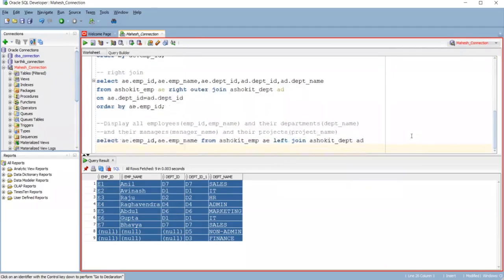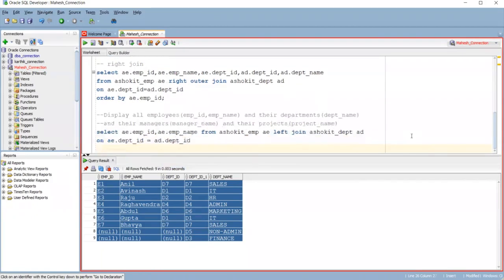What is the common condition, sir? AE dot department ID is equal to AD dot department ID, and order by AE dot employee underscore ID.